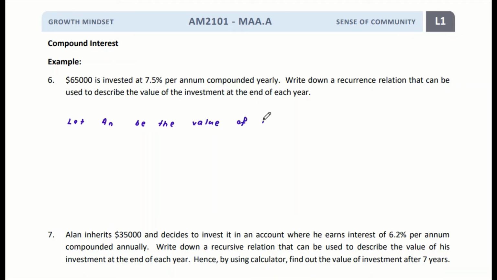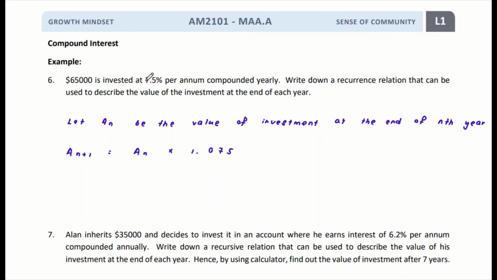Value of the investment at the end of each year. Okay, so the same thing, you can imagine how we are going to get the next year. You will use the current one and multiply by 1.075, right?